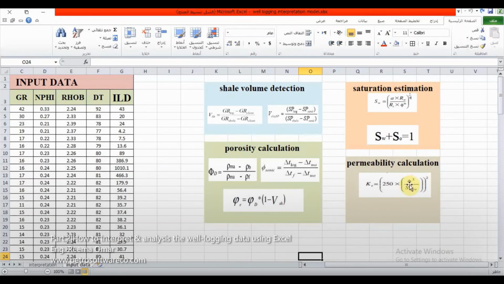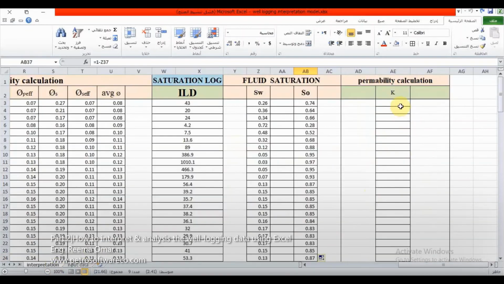You need effective porosity and water saturation.